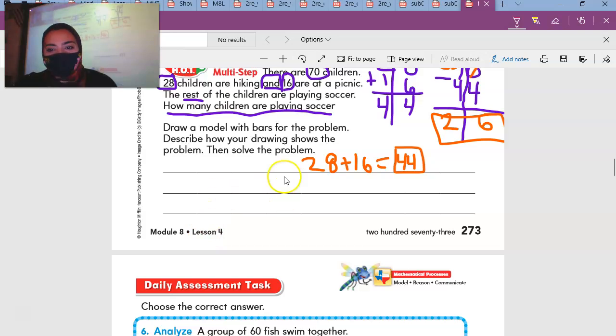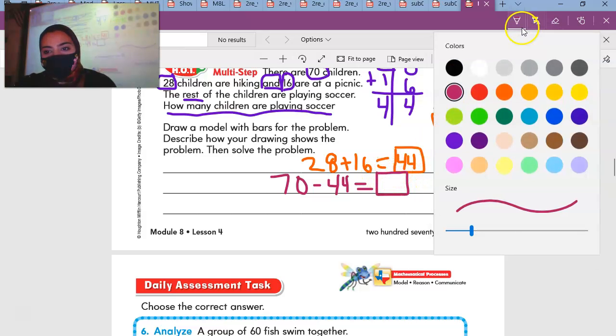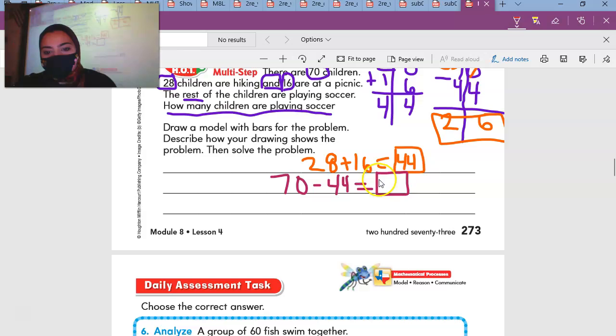And then we did 70 take away 44 equals empty box. But it's not really an empty box because we already solved it. What is it? 26. So our final answer is 26 children are playing soccer.